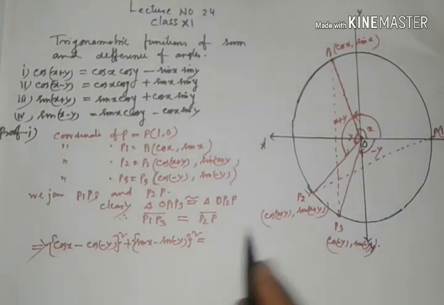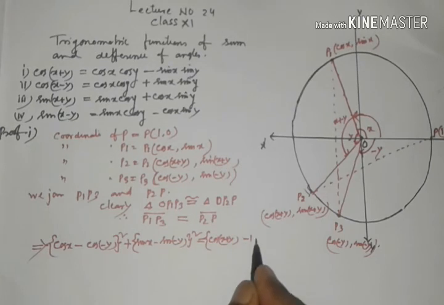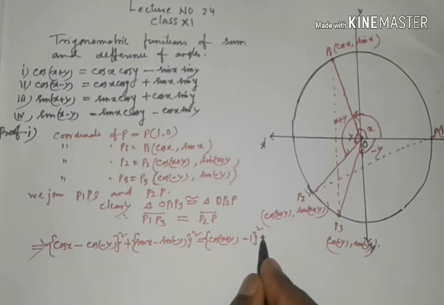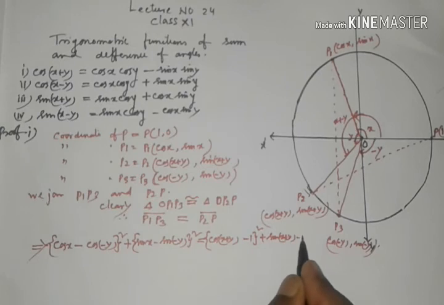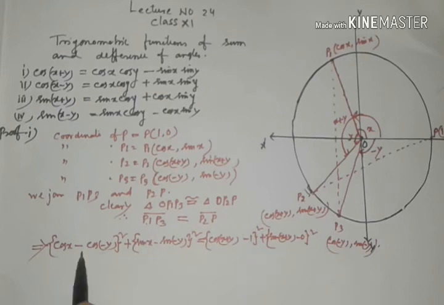And the distance P2P is the square root of (cos(x + y) minus 1) whole square plus (sin(x + y) minus 0) whole square. Now we simplify it.